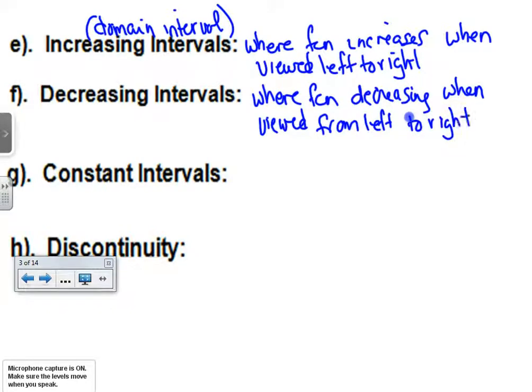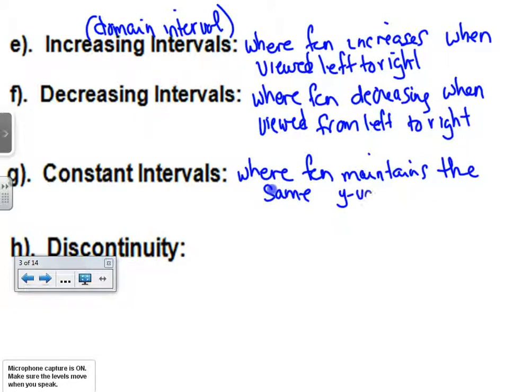So again, decreasing interval is another domain interval. A constant interval is where the function maintains the same y value when viewed from left to right, of course.